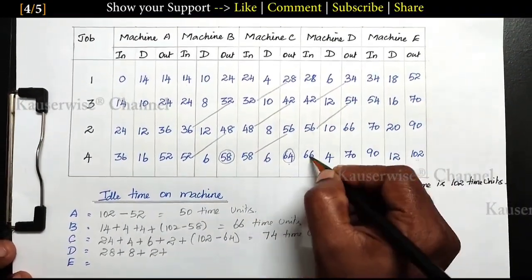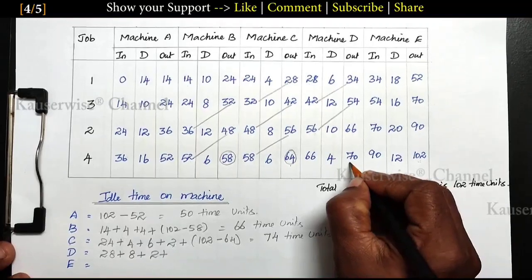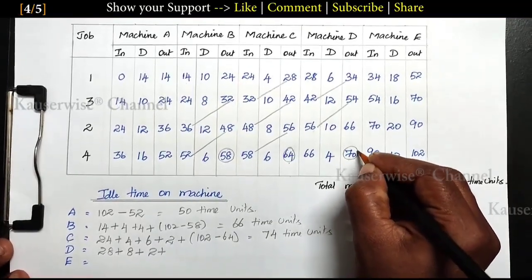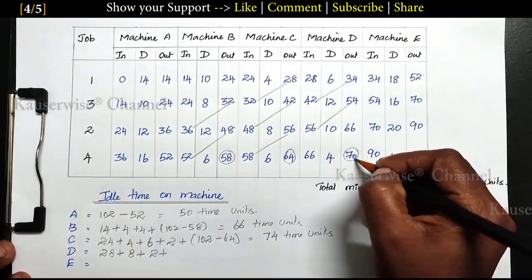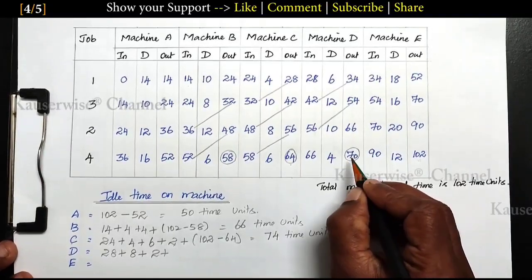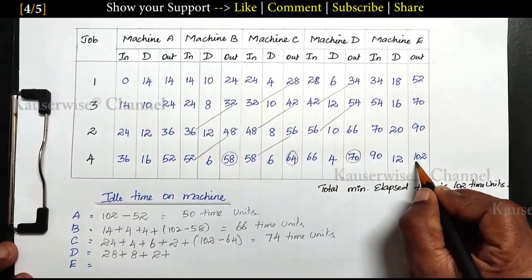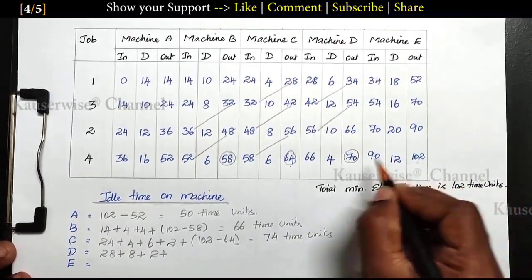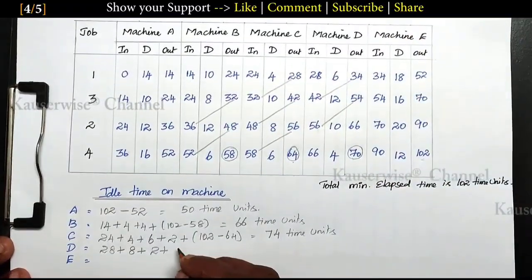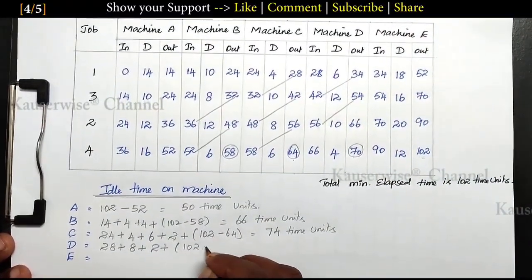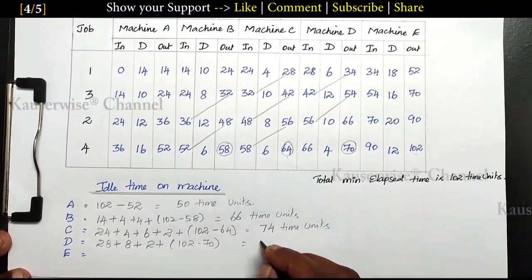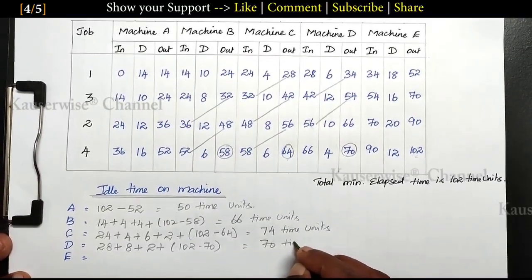Plus 66, 66, no difference. So the last one is 70, the out time of machine D for the last job. Then we need to compare this with the total elapsed time 102. The difference is the idle time for machine D. 102 minus 70. So total 70 time units.